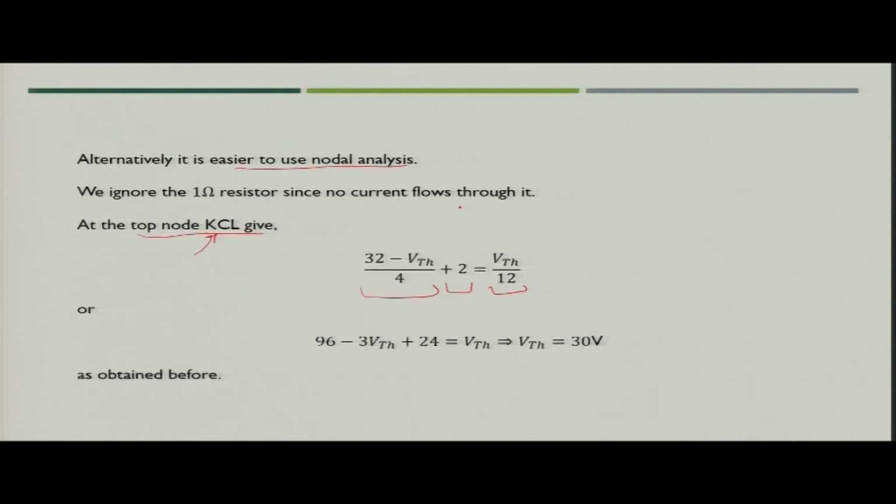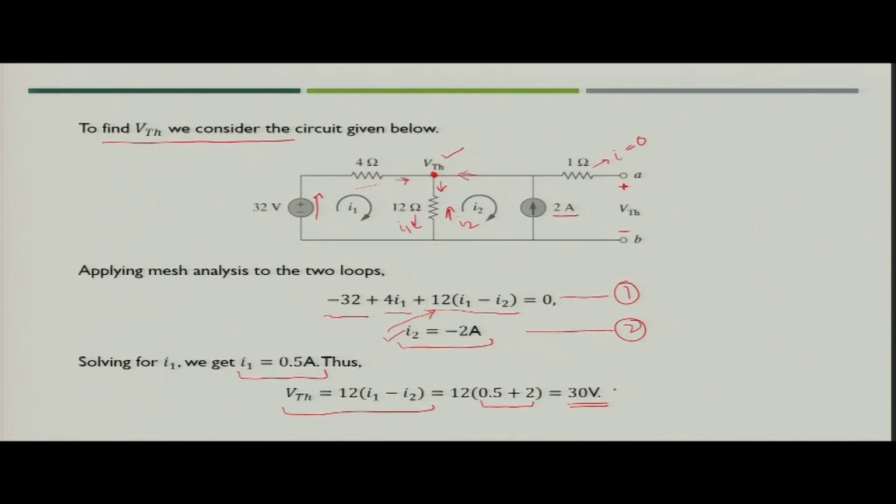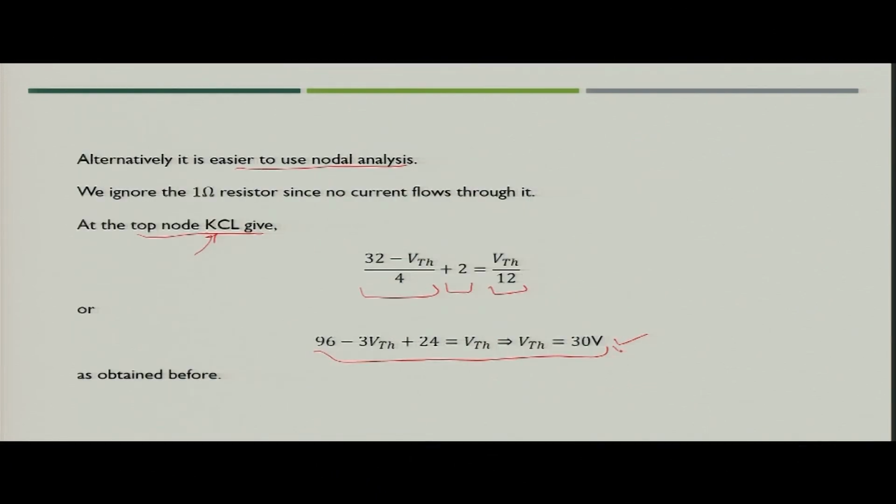So, you will simply get this equation when you apply the nodal analysis. Now, if you rearrange the terms and simplify it, you will again get the value of Thevenin voltage, that is 30 volt. So, in that way, either you apply mesh analysis or the nodal analysis, in both ways you will get the Thevenin voltage same.